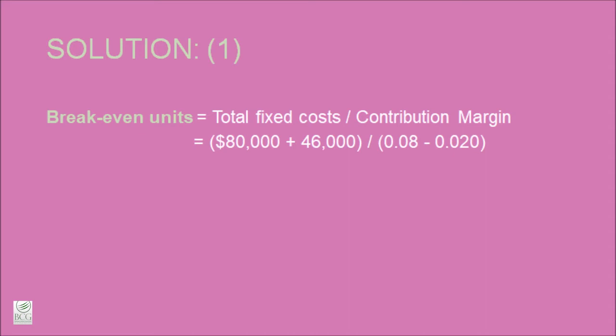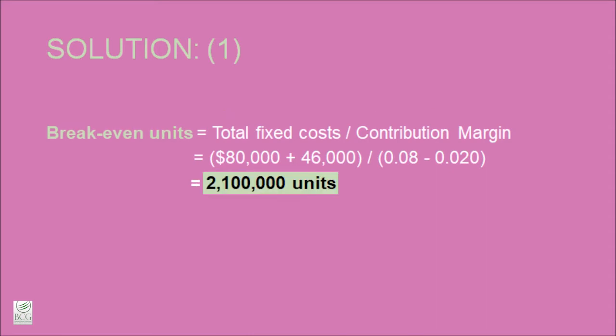Now get the difference of the selling price and the variable expenses. 0.08 minus 0.02 will get a 0.06 contribution margin per unit. Now applying the formula, total fixed cost divided by contribution margin per unit, as we calculated, will generate a total break-even in units of 2,100,000 units or pages.